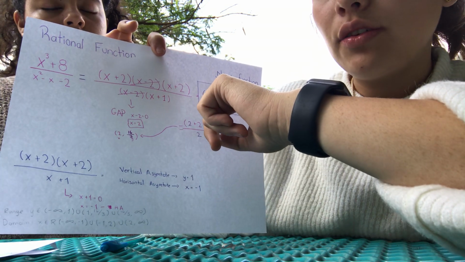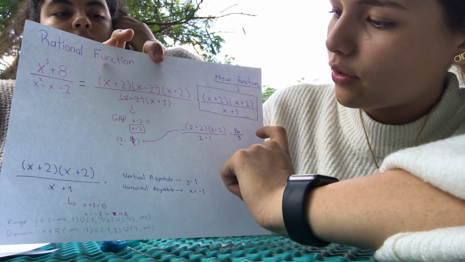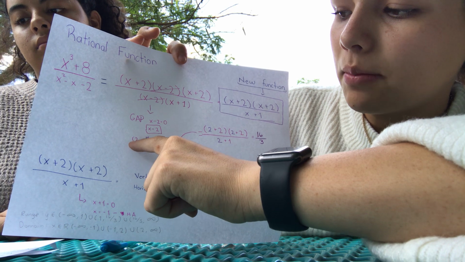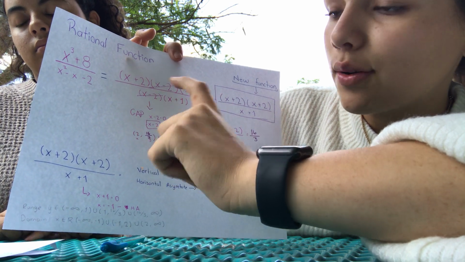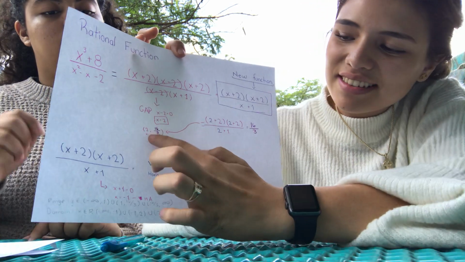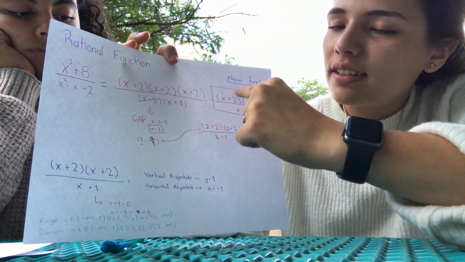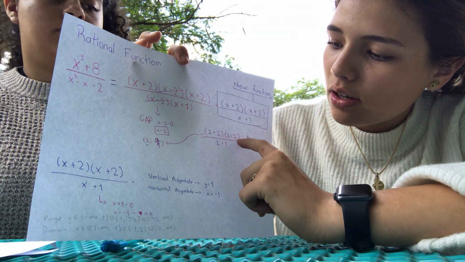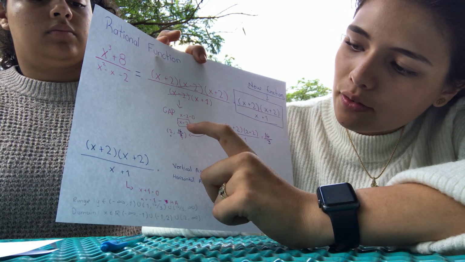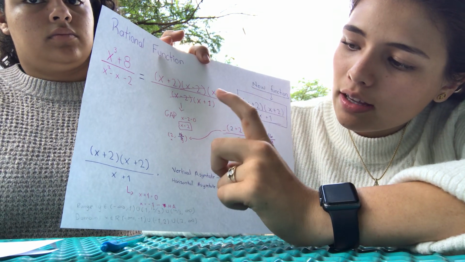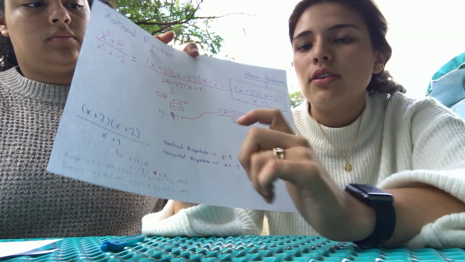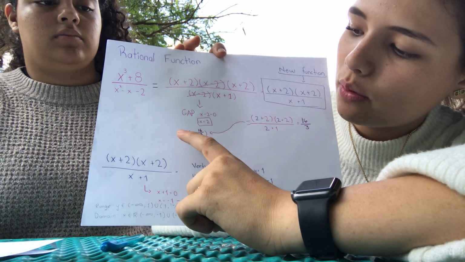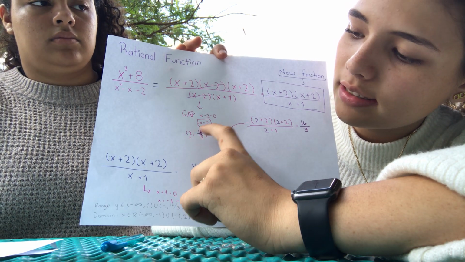That was our new function. We substituted all the x's with the number 2, so we could find the y coordinate of the gap. We found that the coordinates of the gap are 2, 16 over 3.